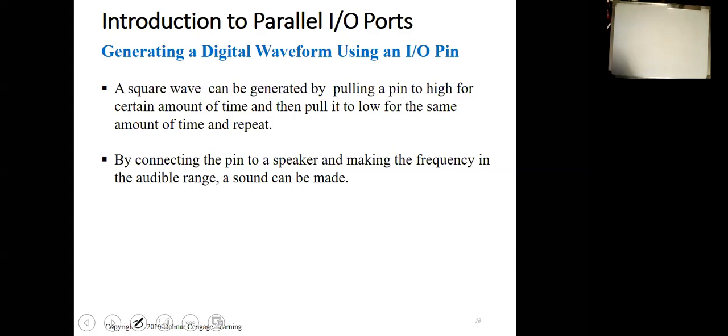Another simple output device is a speaker or a buzzer. For example, if this is the microcontroller, we can bring a speaker or a buzzer here to output some sounds.